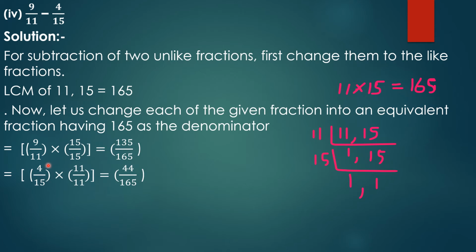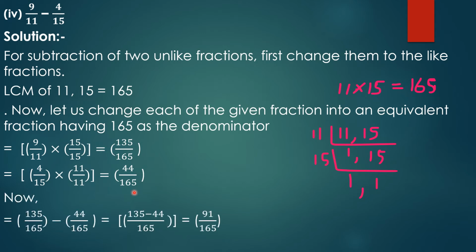The next, 4 by 15 into 11 by 11, because we have denominator 15, so it should be multiplied by 11 to get 165 as the denominator. And when we are multiplying the denominator with 11, the numerator also should be multiplied with the same number. Therefore 4 into 11 is 44, and 15 into 11 is 165. Next what we have to do? We have to do the subtraction.